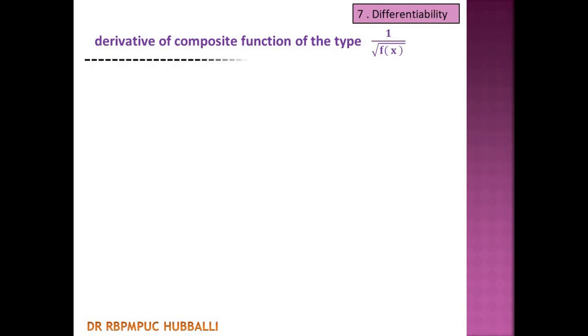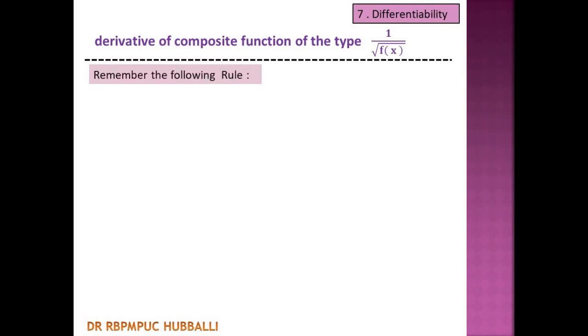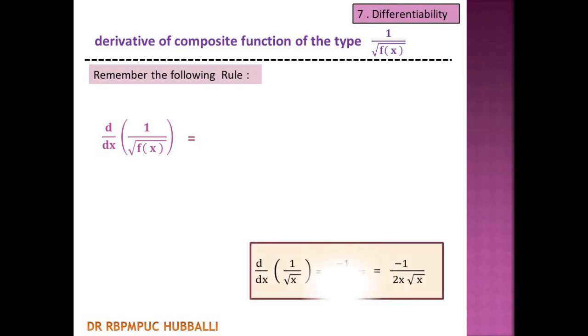Now see the derivative of this composite function. Remember the following rule: d by dx of 1 upon root f of x is equal to, okay, before writing the derivative of this composite function, see the derivative of 1 upon root x, the standard form derivative.